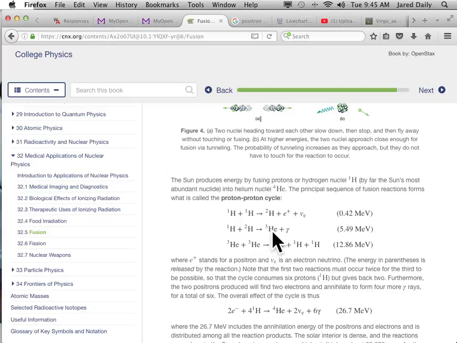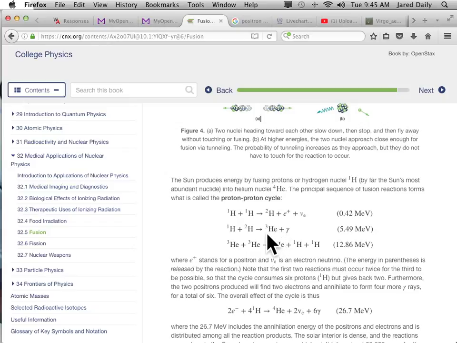Sorry, is tritium helium-3 or hydrogen-3? Tritium is hydrogen-3, actually, I believe. It's one proton, two neutrons. So this is just helium-3.